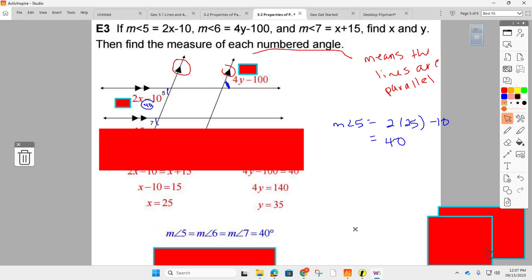So by finding the measure of one angle, now we know the measure of all of them, all 3 angles, because they're all congruent. Caught up with me? All right. Yes? No? Not quite?